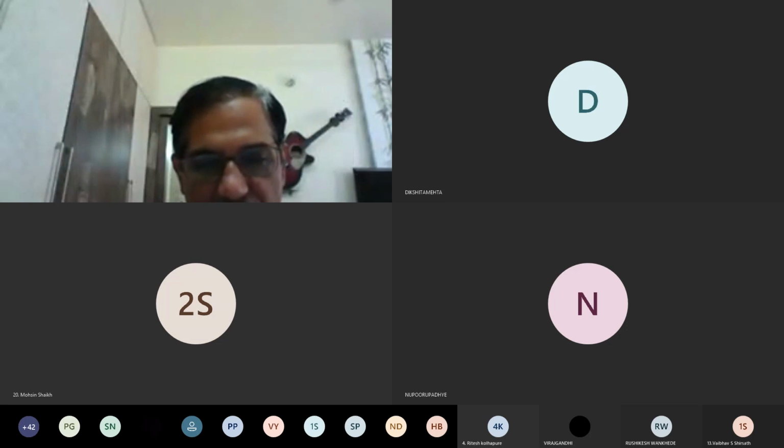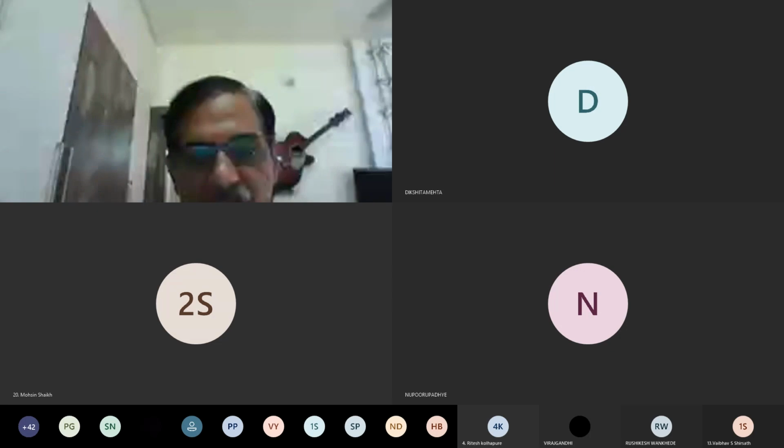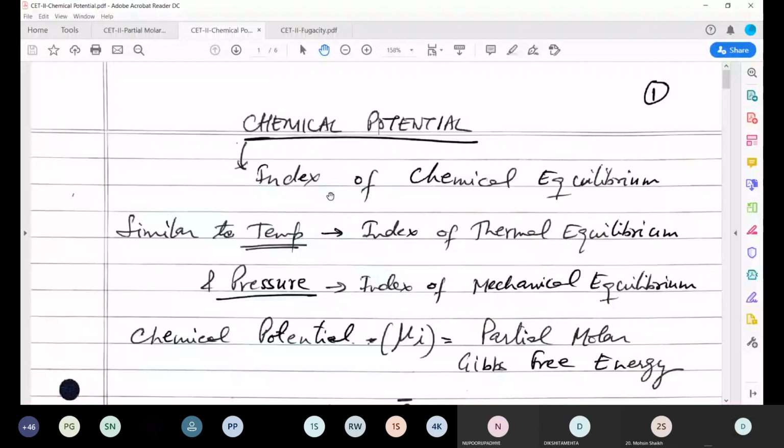So now, for chemical equilibria and for fluid phase equilibria, we have defined a similar concept, which is called chemical potential. So chemical potential is the index of chemical equilibrium, just like temperature is the index of thermal equilibrium and pressure is the index of mechanical equilibrium.